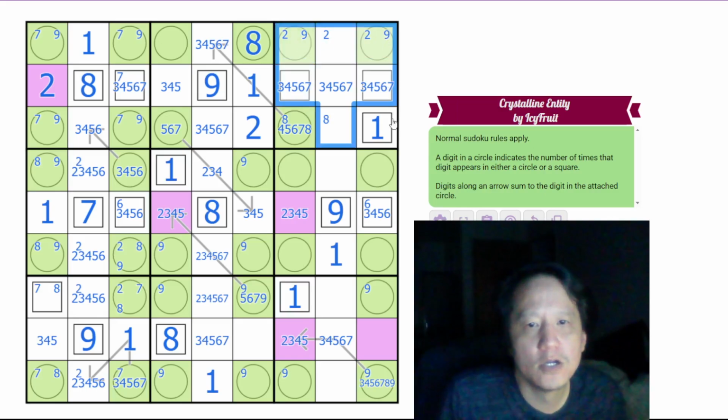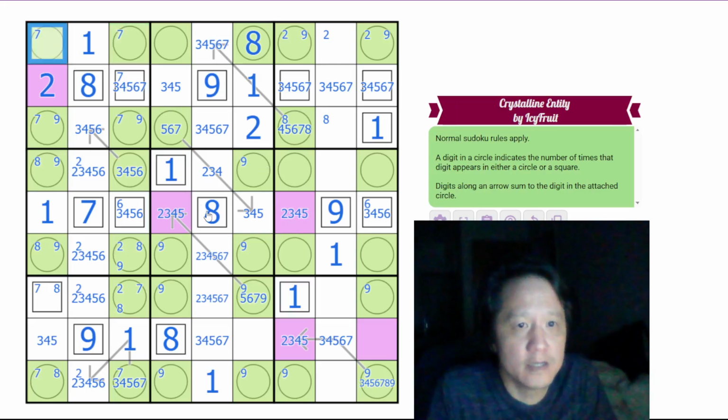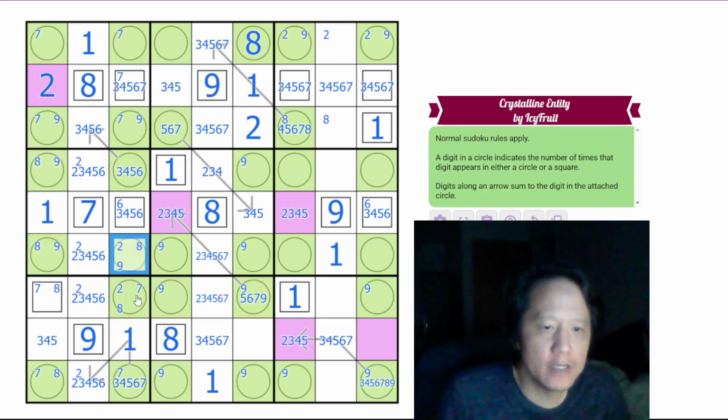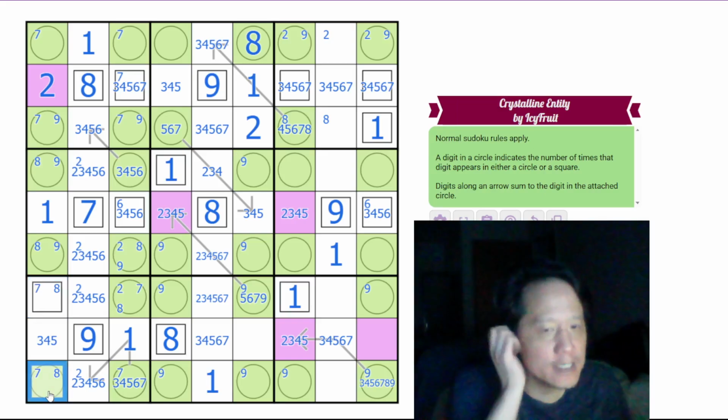In box 3, it has to be one of these 2 digits, which means none of these can be a 9. So one of these 2 is a 9 here. Does that tell us anything? I'm not really sure it does, but... Huh. Okay. 8 is one of these 3. 8 is one of these 3.